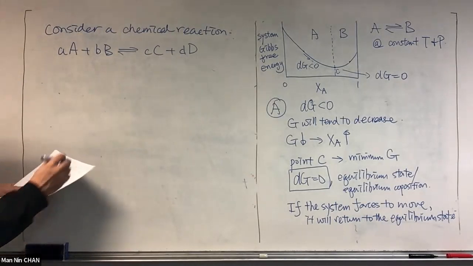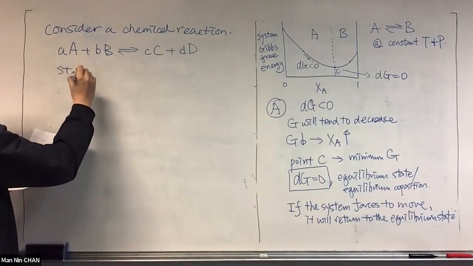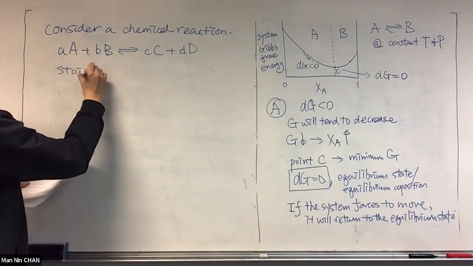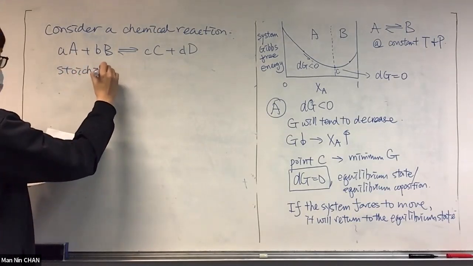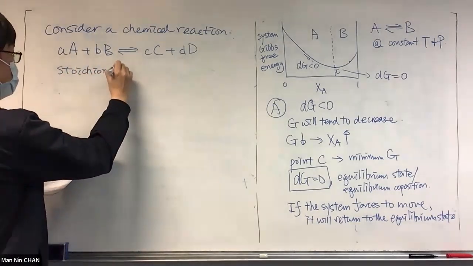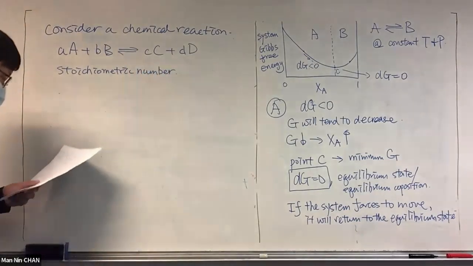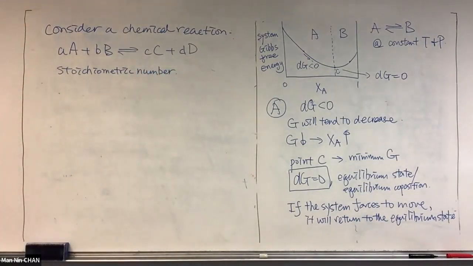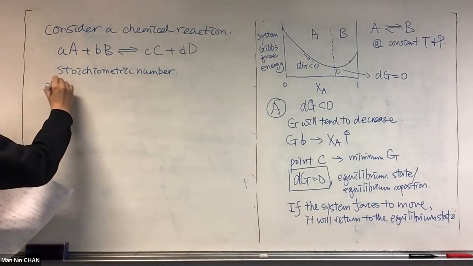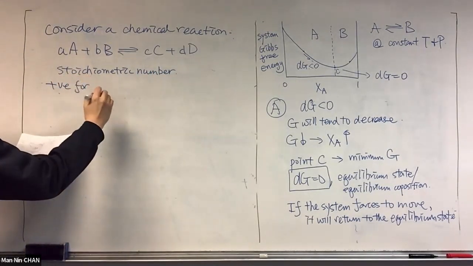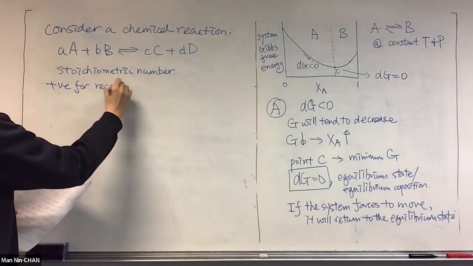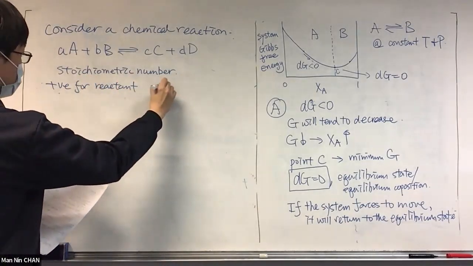We follow the notation we use in the textbook. We have the positive sign for the reactant, and then we have the negative sign for the product.